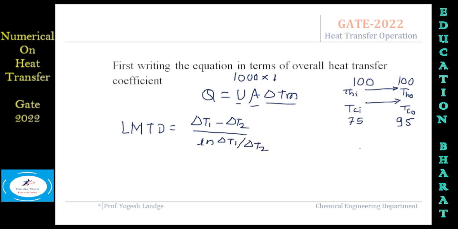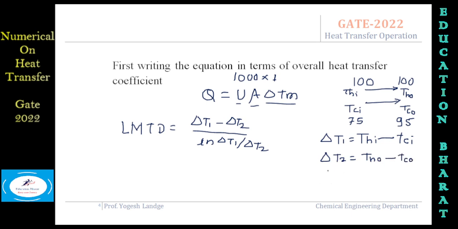Now in this case, delta T1 is the THI, the inlet temperature of the hot liquid, minus the inlet temperature of the cold liquid, as we consider the co-current flow. Then delta T2 is the outlet temperature of the hot liquid minus the outlet temperature of the cold liquid.